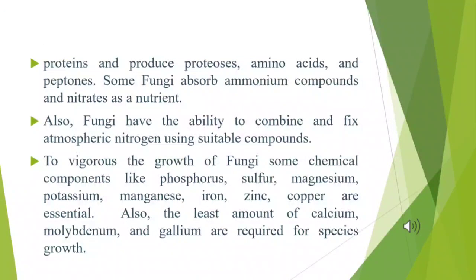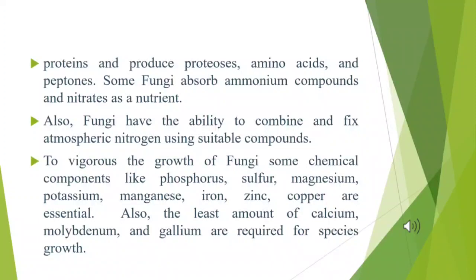Proteins produce proteases, amino acids and peptones. Some fungi absorb ammonium compounds and convert nitrates as a nutrient. Also, fungi have the ability to combine fixed atmospheric nitrogen using suitable compounds.